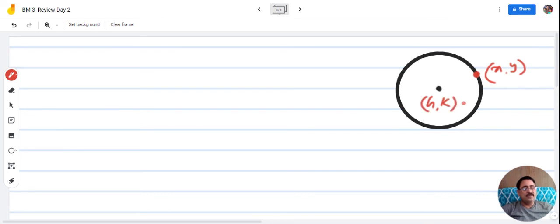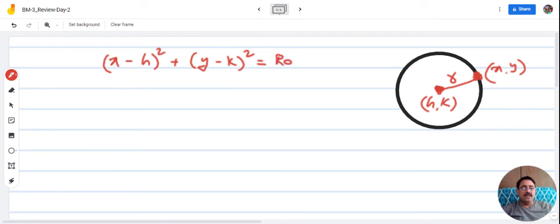Don't forget the order; in alphabetical order, h comes first, then k. And this is the radius, the line segment joining the center to any point on the circle. Therefore, the equation of a circle is x minus h, h comes first in alphabetical order, whole squared, plus y minus k whole squared, equals radius squared.